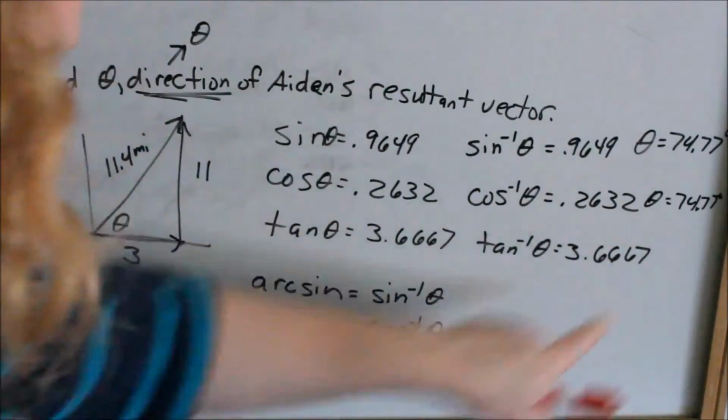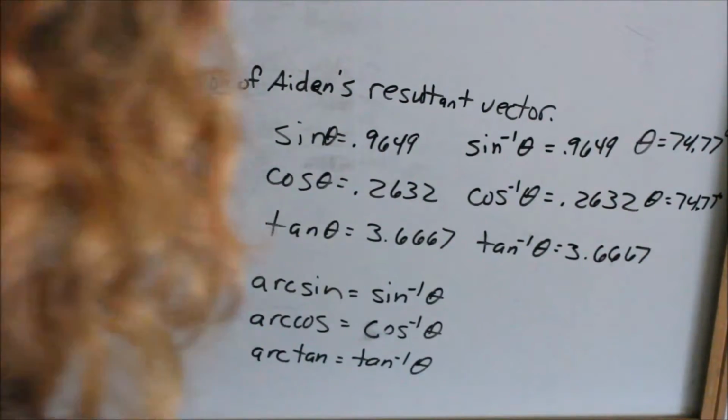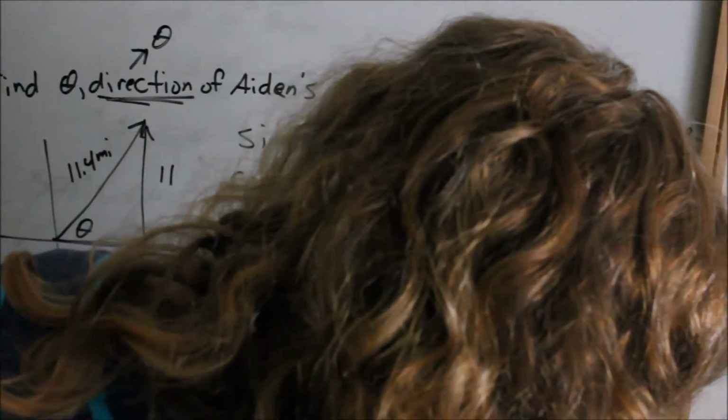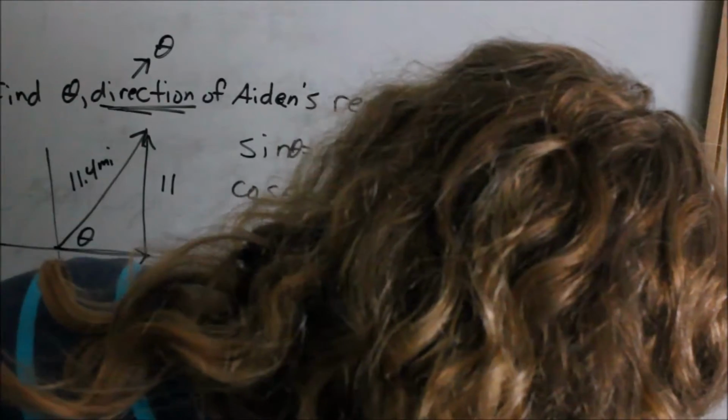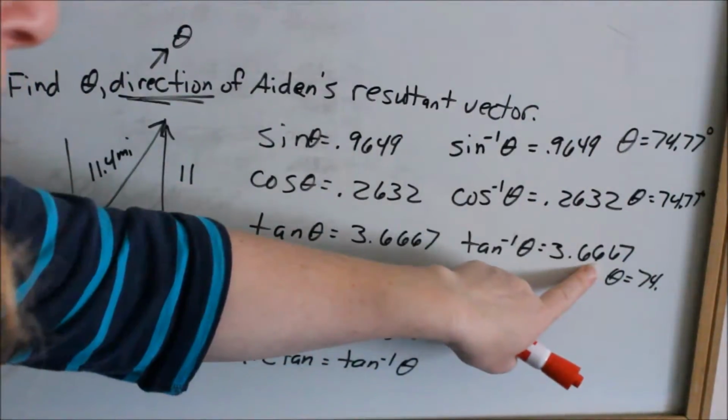And you should get the same angle. Each one of these should give you the same angle. I got 74.77 degrees. Here, if I did this for tangent, I should get the same thing, 3.6667, and do the inverse of tangent, and I got 74.75. So it's because I rounded this number right here.